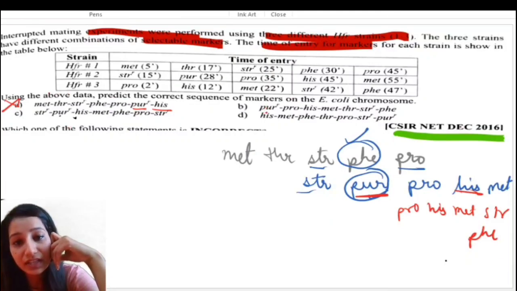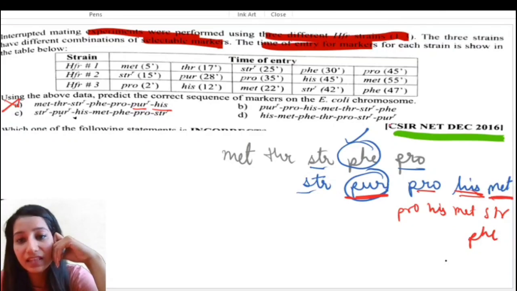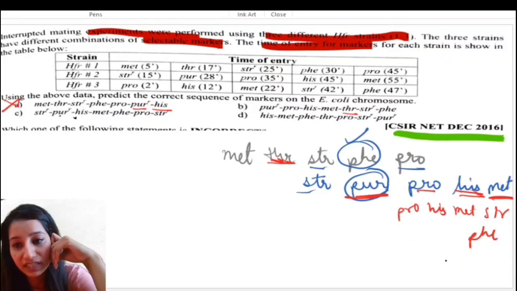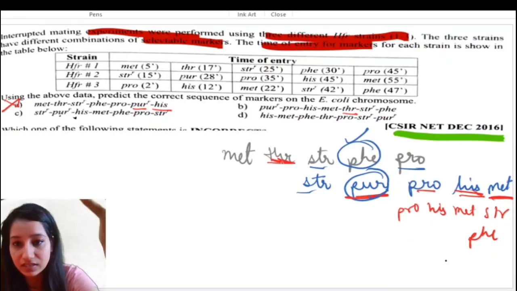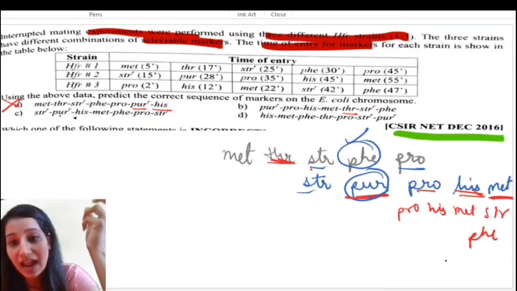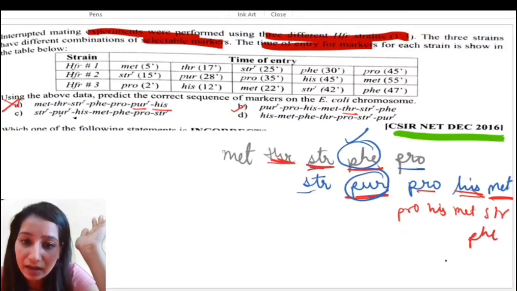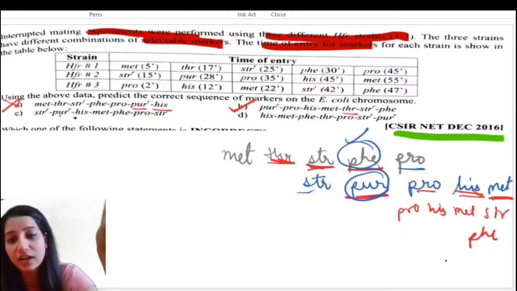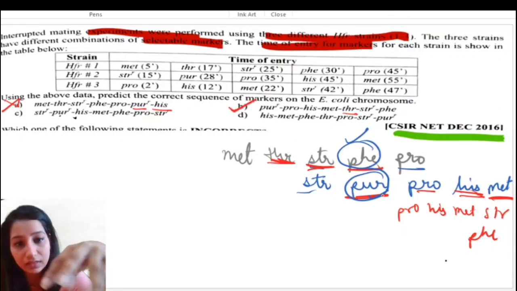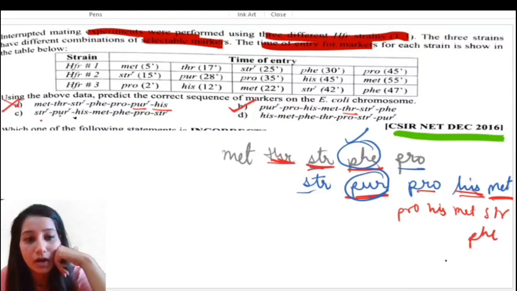In the second option, they have considered first PUR, then PRO, then HIS, then methionine, and then they have taken THR. Methionine is going with THR here, so we can consider THR. Then after that they have considered STR, and after that PHE. So this option can be correct because this kind of transfer is occurring, but we'll see further also.